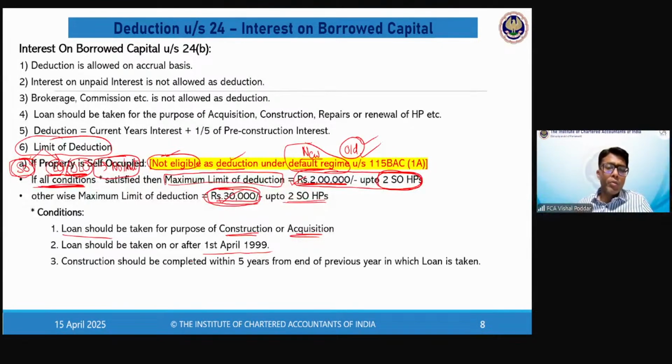Third, where you are doing construction, the construction should get completed within 5 years from the end of the year in which loan is taken. So you leave the loan taken year. After that, within 5 years, your construction should be completed. Now, when all these conditions are satisfied, the limit is 2 lakhs. If not, the limit is 30,000.